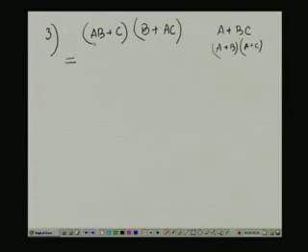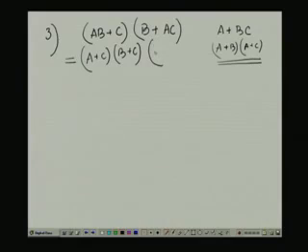Now if I apply this theorem here, then I will get (A + C)(B + C). Similarly, the second term becomes two product terms, (B + A) and (B + C).